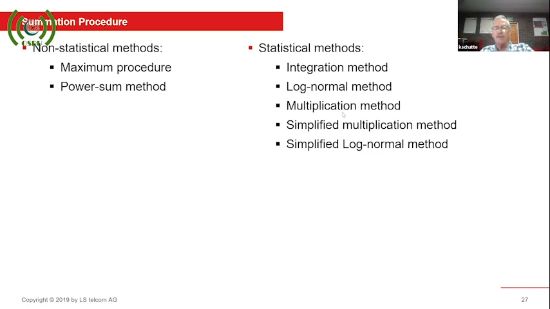FM can use the multiplication method, simplified multiplication method, simplified log normal method, and then the integration method. So there are various summation processes, and that is to add up the total interference from a number of transmitters that are affecting the wanted transmitter.